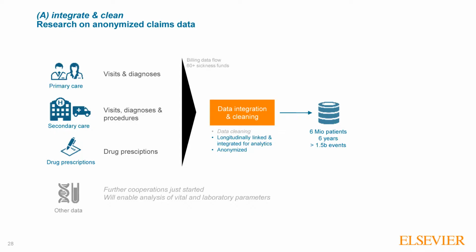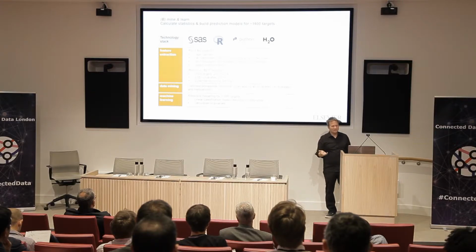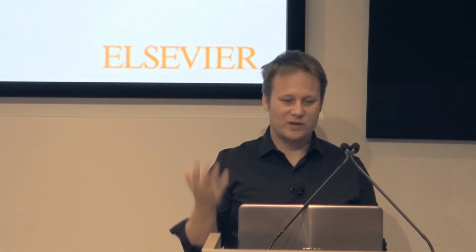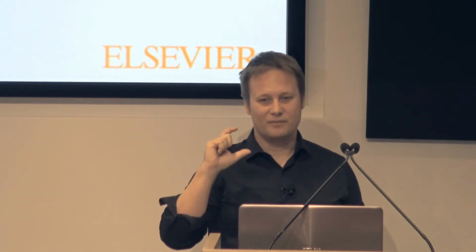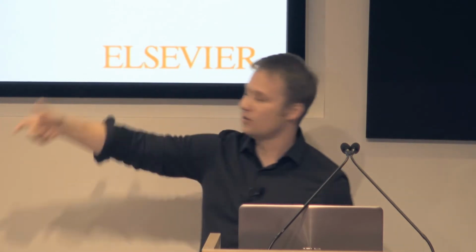I'm going to skip over the boring stuff of data integration and cleaning, just to say this is what we learn. Based on 3.8 million patients, using their age, gender, all the diagnoses, all their medications, we get about 7,000 features, and we build about 1,600 models for every pair of those factors with the previous factors.